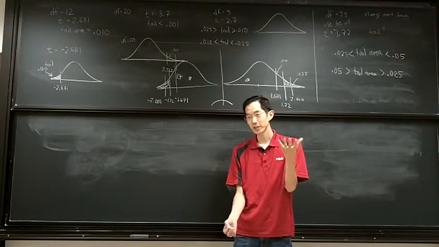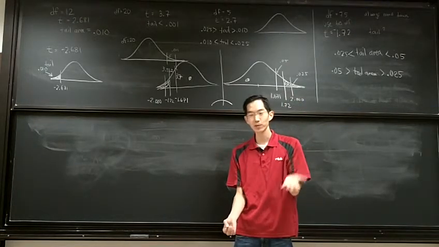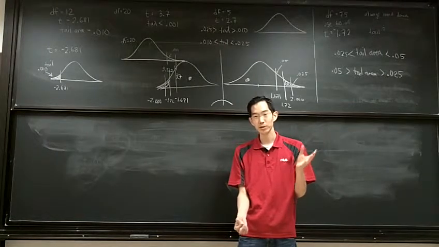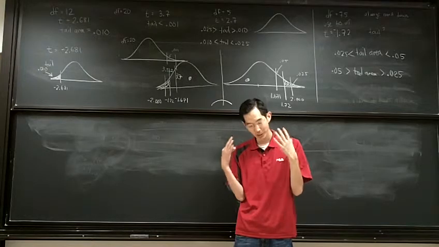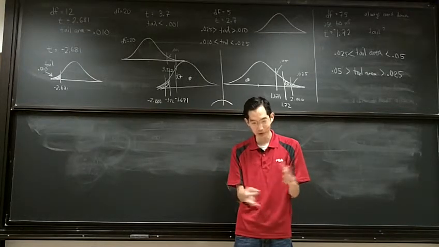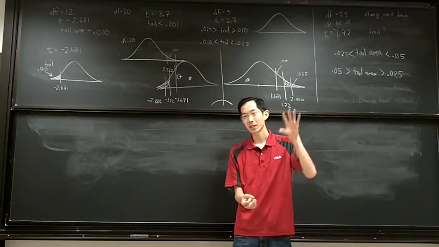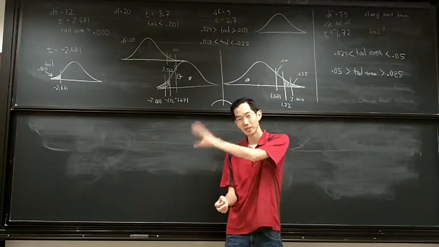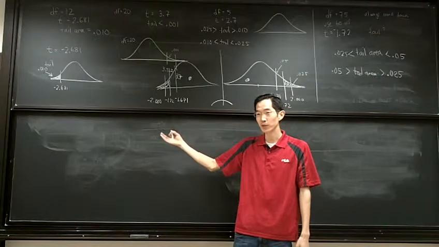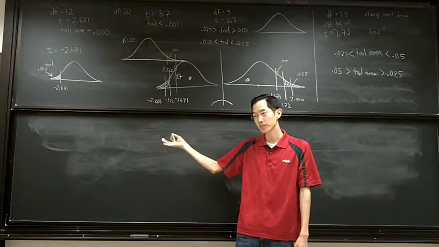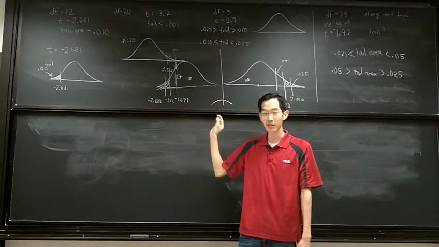And in chapter 8, with proportions and categorical variables, you use the Z table. Keep that in mind. It will be important as you work through the final: categorical variables, Z table. In chapter 9, we are going to deal with numeric variables, and we're going to use the T table.